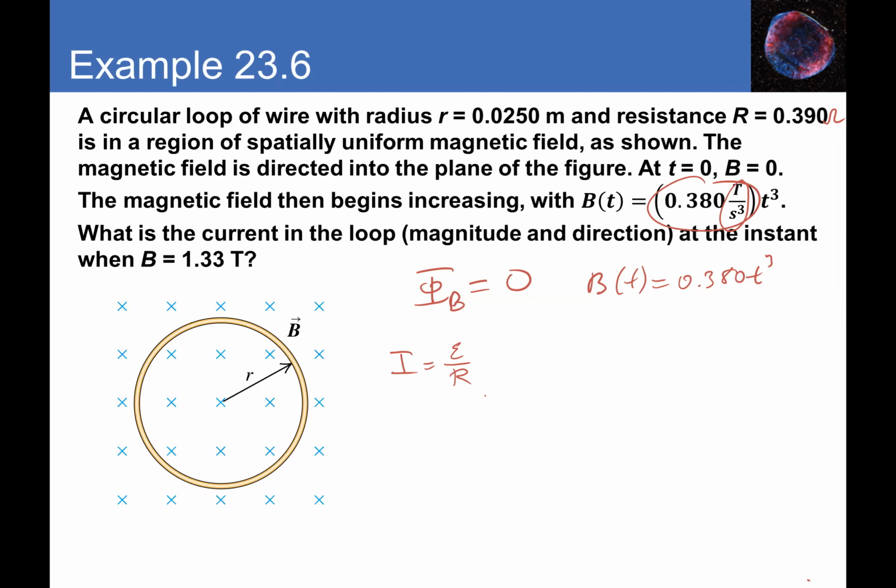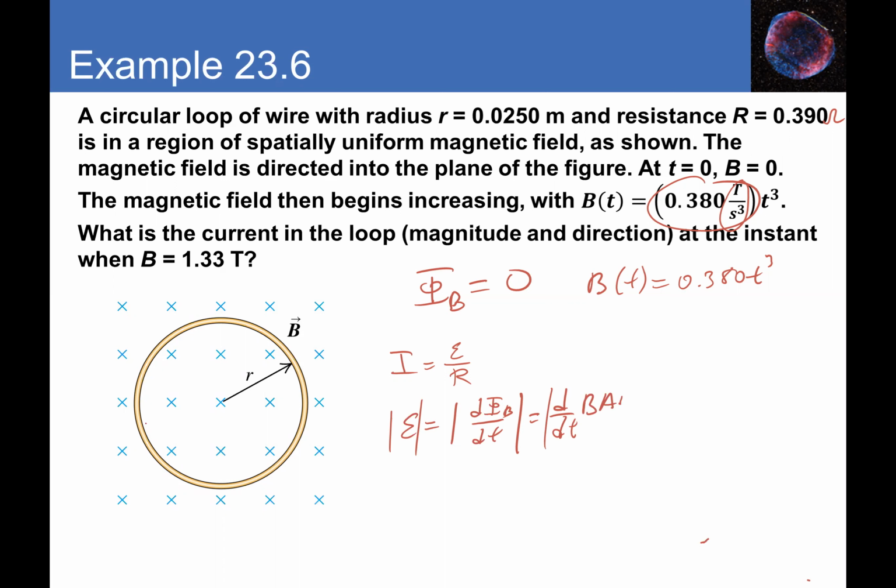So one thing we can do here: EMF is equal to, again using absolute value, the change in magnetic flux over change in time. This is B A cosine theta.